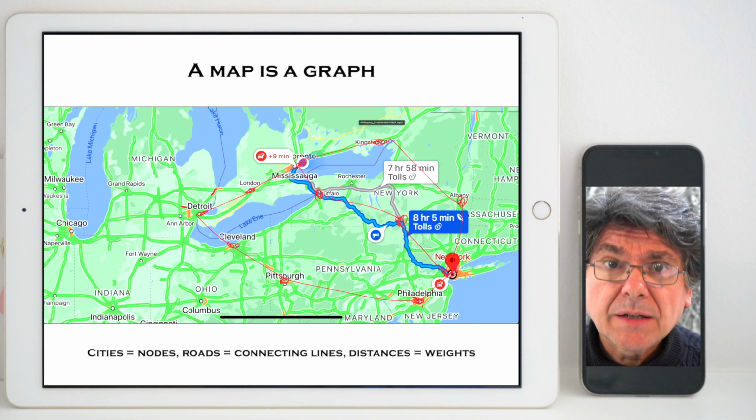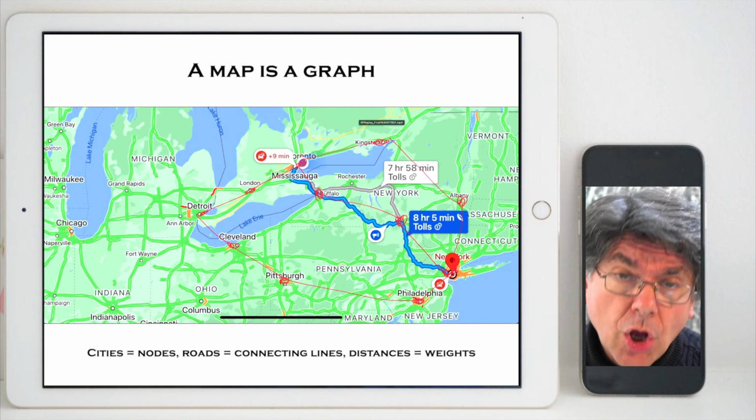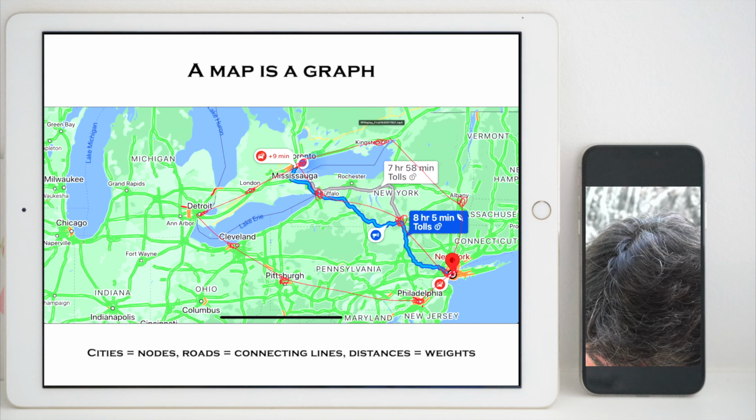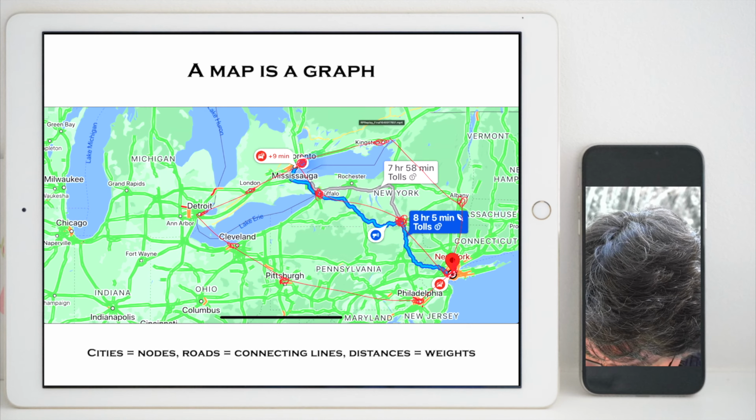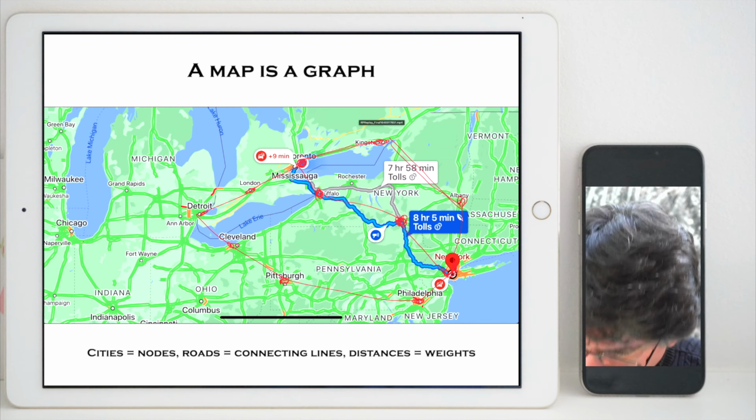It's a directed or non-directed graph. It's a set of nodes which are connected by segments, and the segments have a certain weight, length, distance, a number, a real number, which is a function of two nodes.